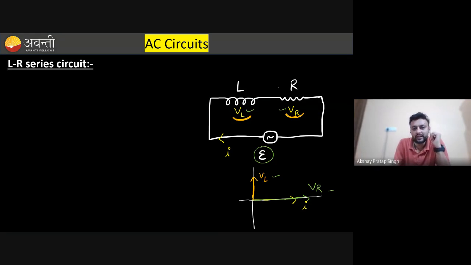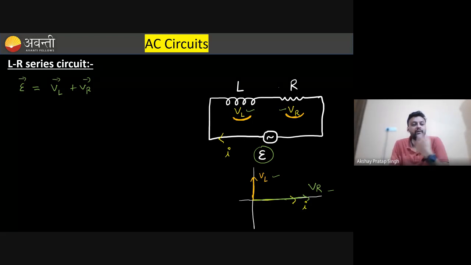So the net EMF is going to be the vector sum of VL plus VR. Try to remember, it is not the algebraic sum, it is the vector sum of VL and VR, in our conventions.